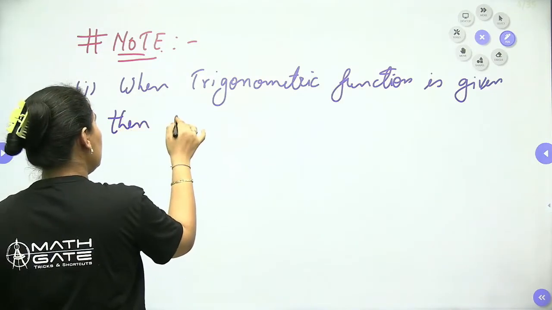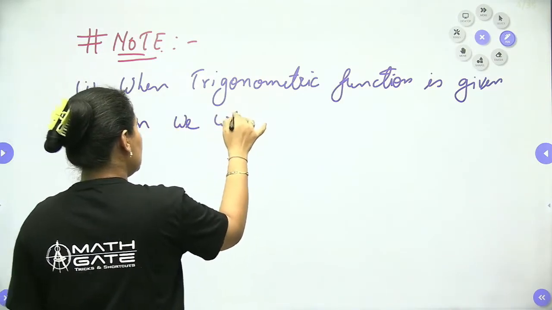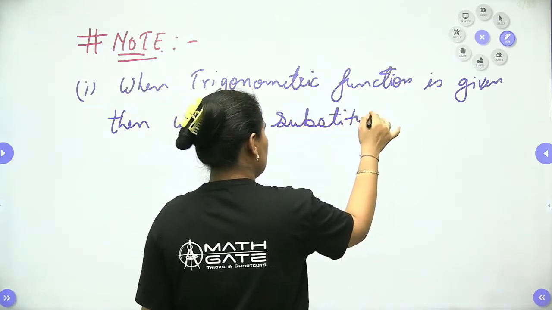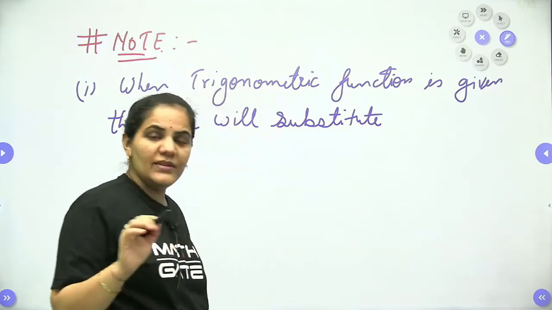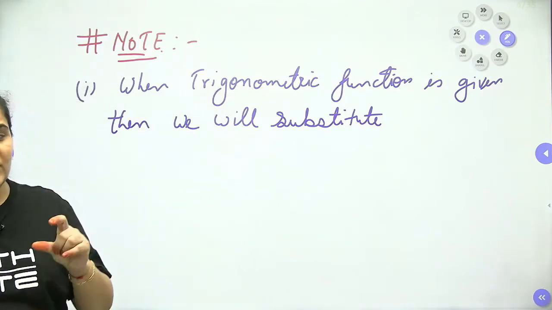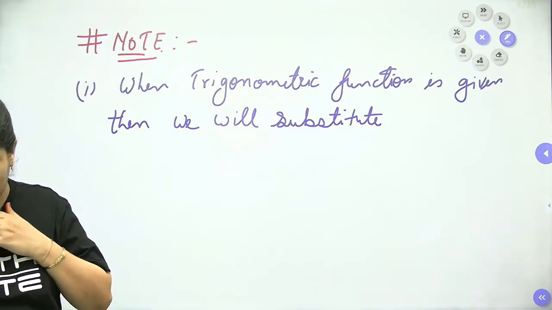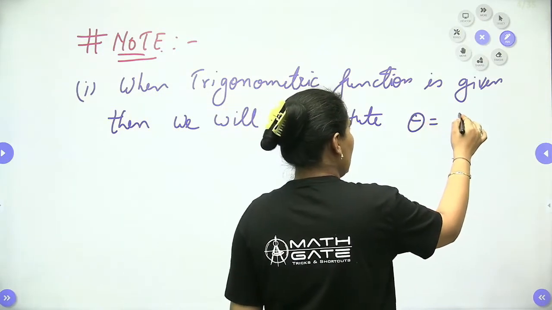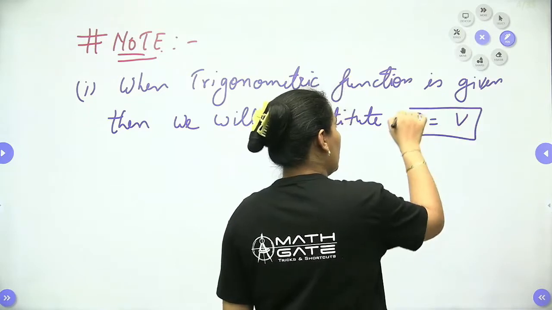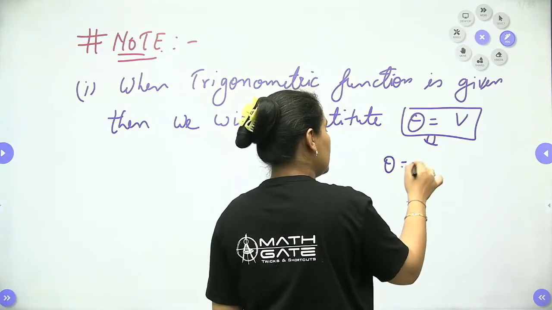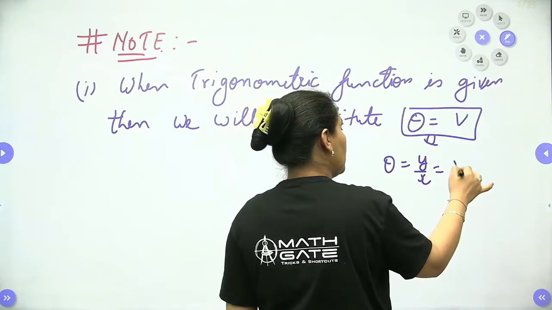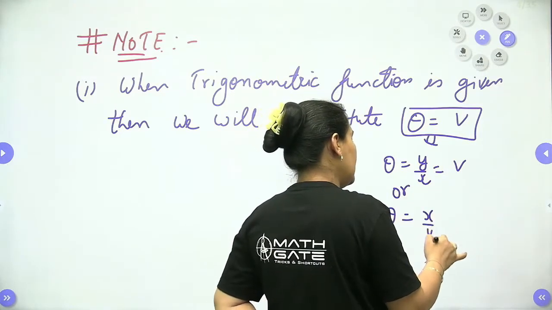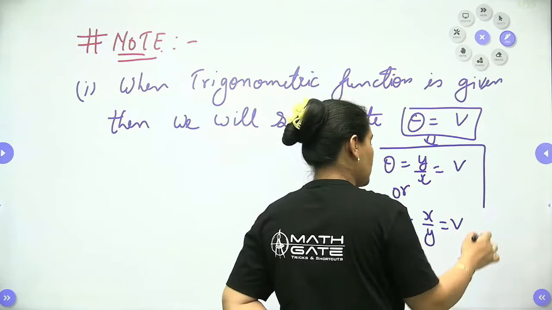Then we will substitute whatever the angle is. Suppose we have an angle theta, so we will substitute the angle theta as v. Whatever theta is, if theta is equal to y by x, then you will put y by x equals to v, or if theta is equal to x by y, then you will put x by y equals to v.